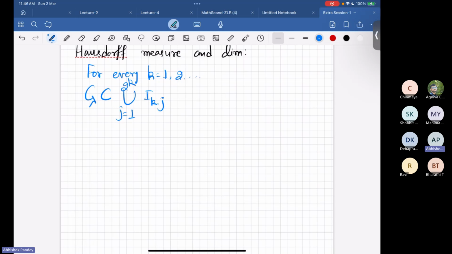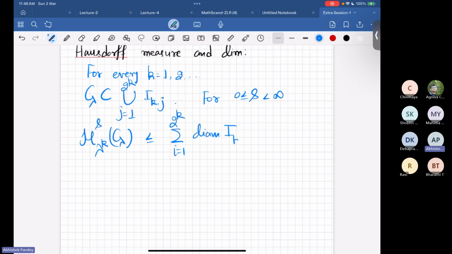Okay, and so for s in between 0 to infinity, what we have is H^s_{lambda^k} of C lambda is basically less than or equals to summation j equals to 1 to 2 to the power k diameter of I k j to the power s.